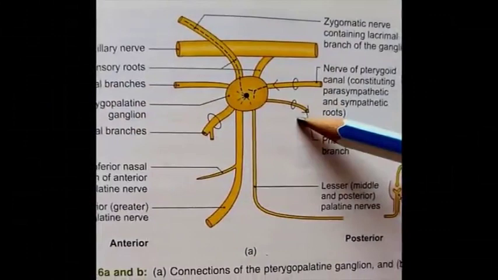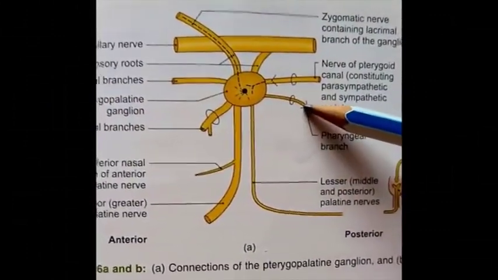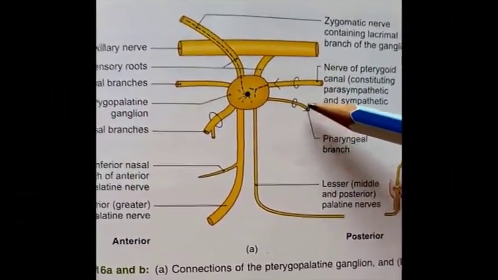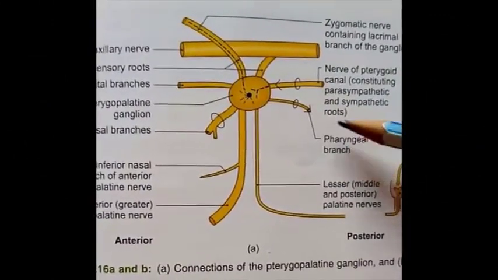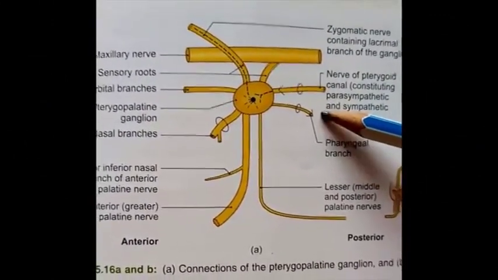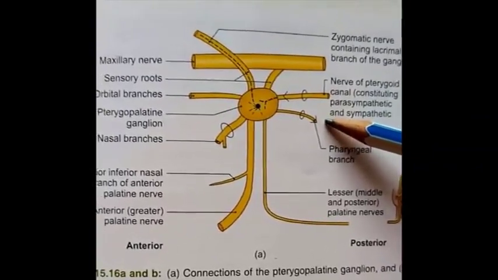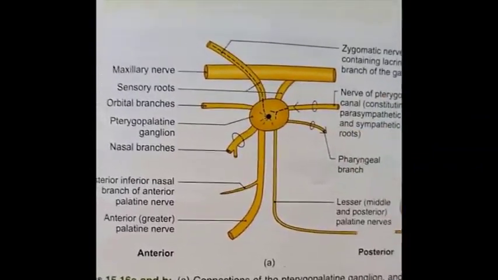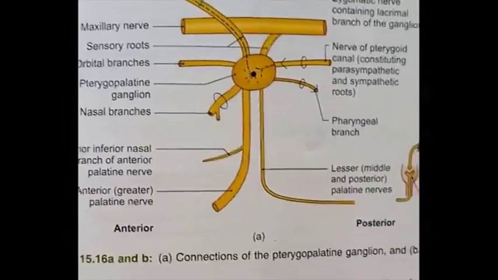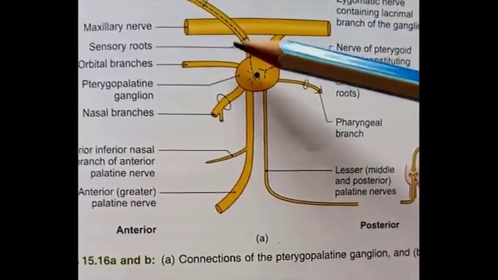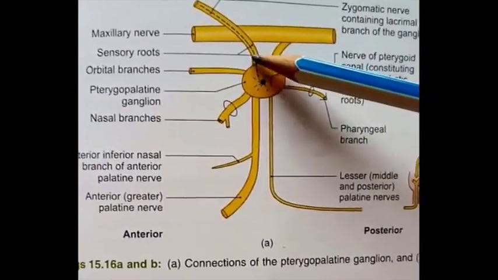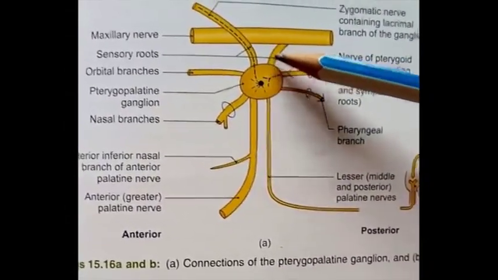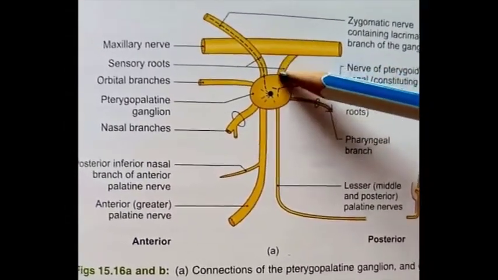The pharyngeal branch passes through the palatovaginal canal and reaches the pharynx area, where it supplies the nasopharynx behind the auditory tube. Then the lacrimal branch. This is the lacrimal branch. It is also a sensory root of the maxillary nerve.